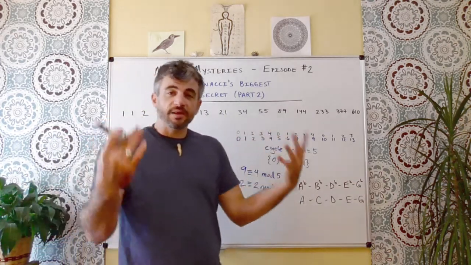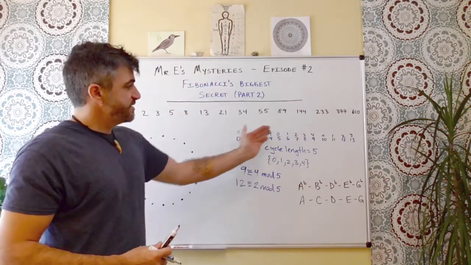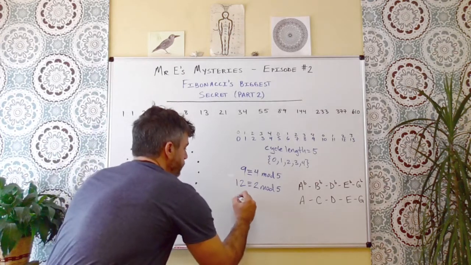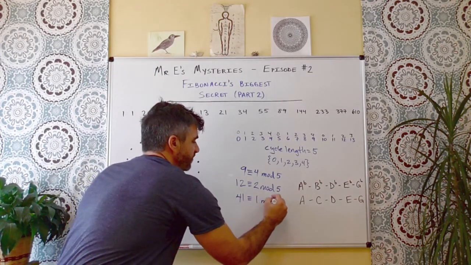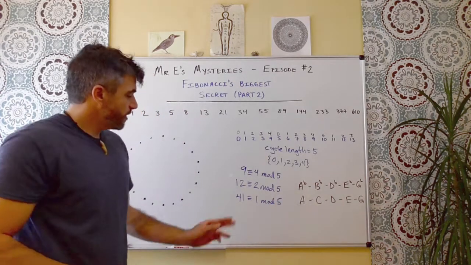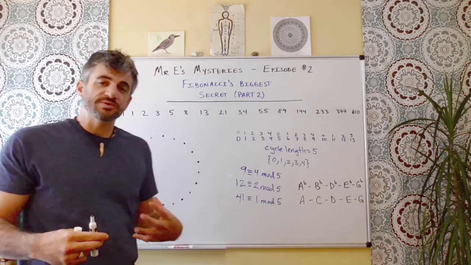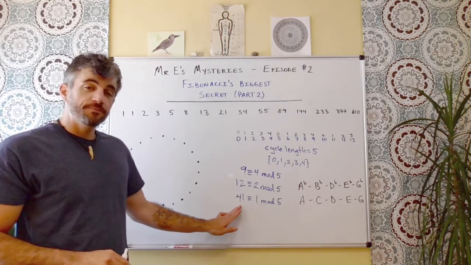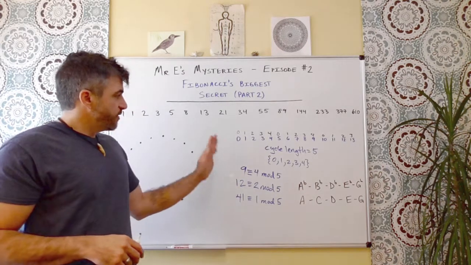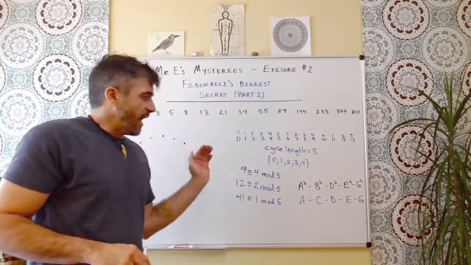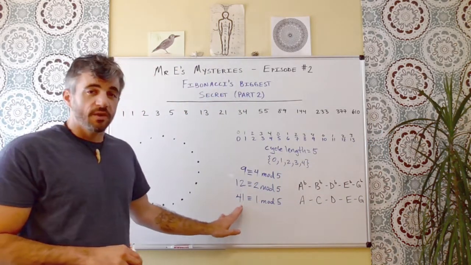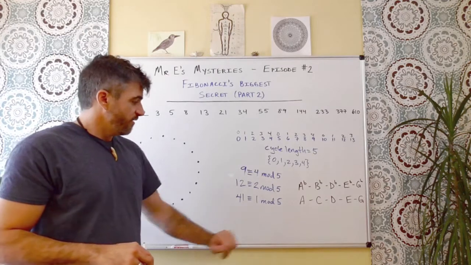We can then extrapolate this to an integer that is not listed, so for example 41 is congruent to 1 mod 5, because 41 has 8 whole groups of 5 up to 40, with 1 remaining. And so if we were to carry out this cycle of 0, 1, 2, 3, 4 ad infinitum, we would see that 41 would reduce to 1 mod 5.